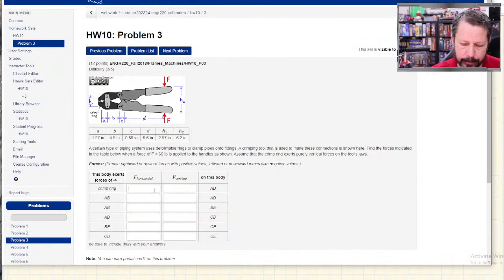So now the way this is set up is trying to deal with plus and minus signs. So what it's saying is the body exerts a force. The crimp ring, the thing being crimped, exerts a force on AD, which is the top jaw part.